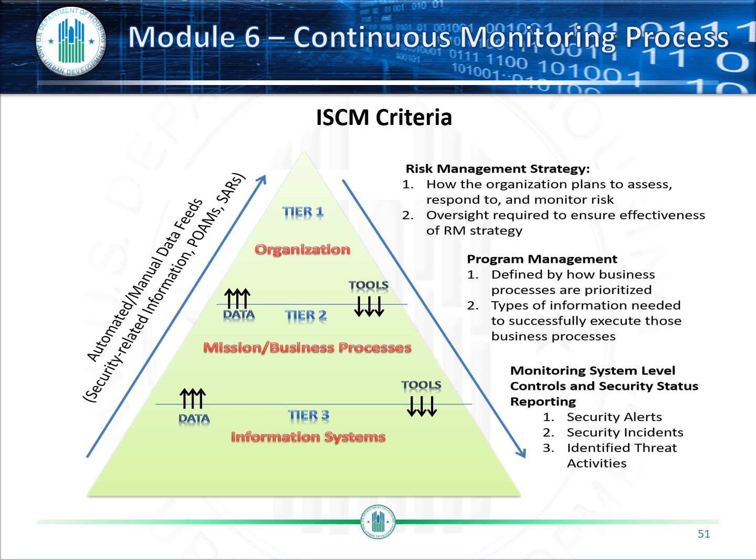At Tier 1, the criteria for ISCM is defined by the organization's risk management strategy, including how the organization plans to assess, respond to, and monitor risk, and the oversight required to ensure that the risk management strategy is effective.